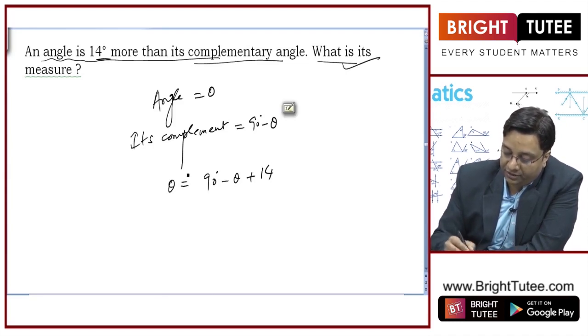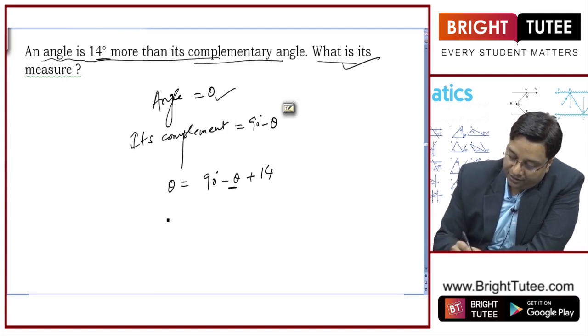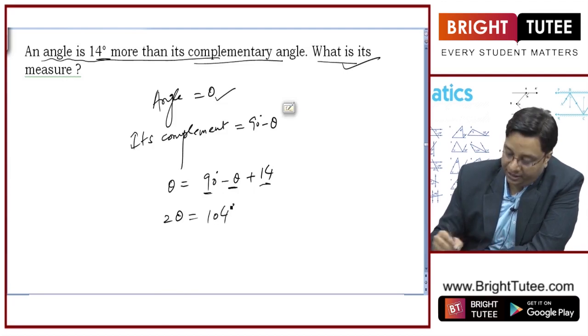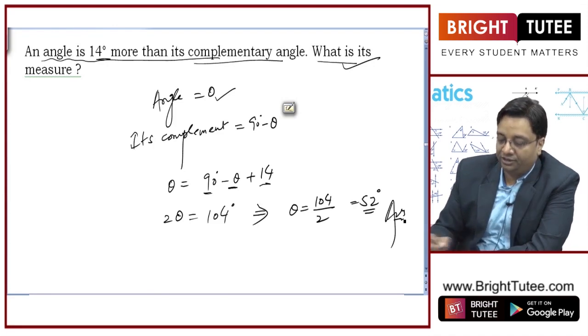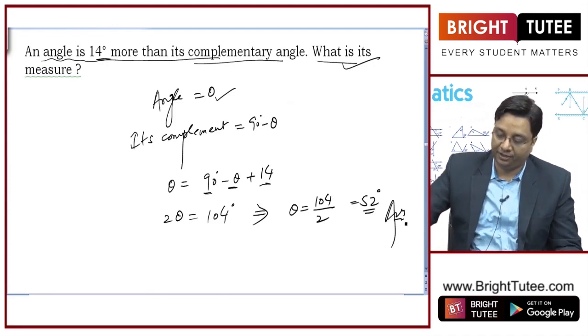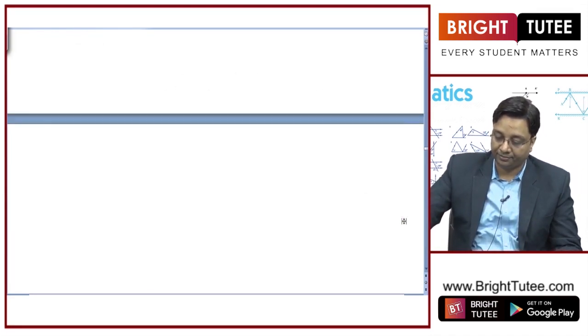What is its measure? So we need to find theta. So if I bring it here, it will be 2 theta equal to 104. Okay. So theta is equal to 104 by 2, that is 52 degrees. This is your answer. This was a pretty simple question.